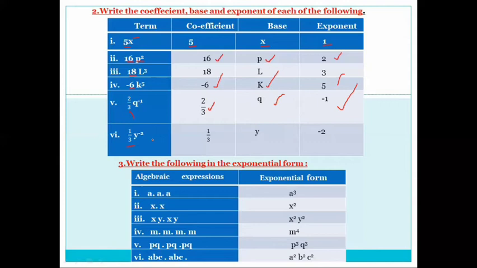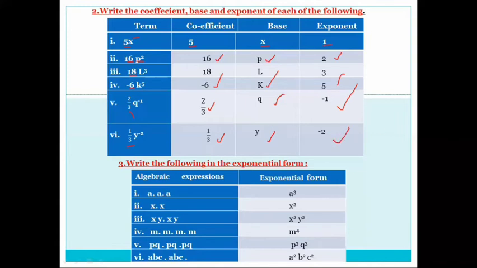In the sixth part, 1 over 3 y power minus 2. From the statement, it is very clear that 1 over 3 is the front value, and we will say it is the coefficient, and the variable that is used here, y, is called the base, and the power we will say is the exponent.